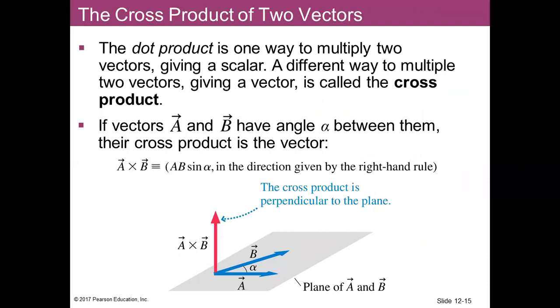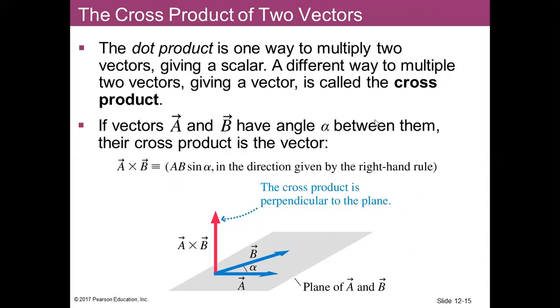The dot product is one way to multiply two vectors, giving a scalar. Then another way of multiplying two vectors, but giving now a vector, is the cross product. So if vectors A and B have an angle between them, which is alpha, then their cross product is a vector.